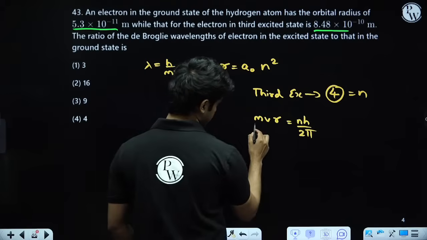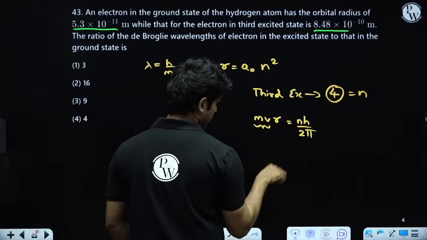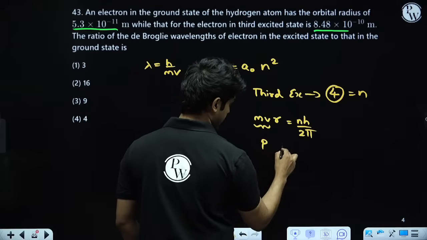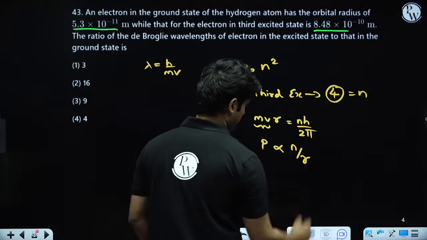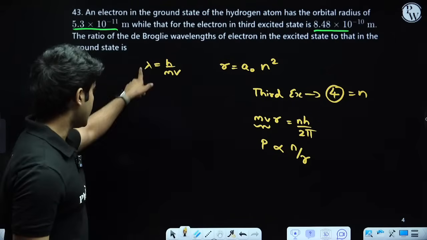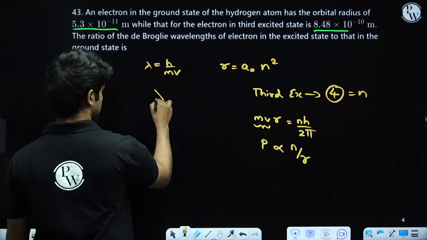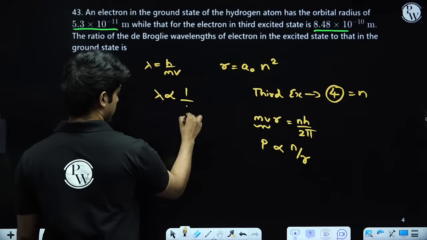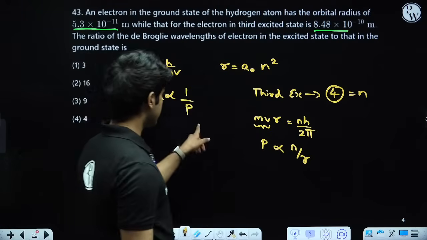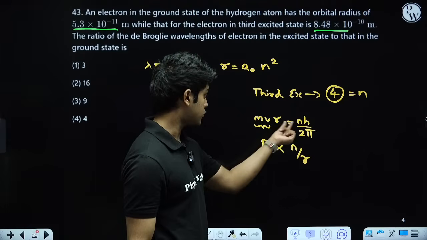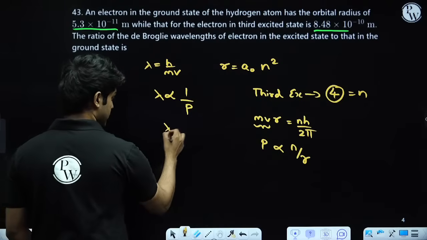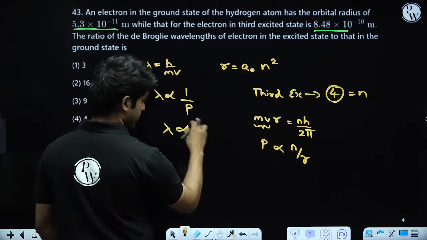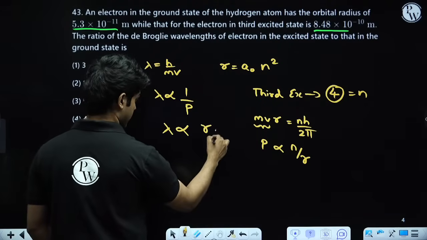The reason for using this is there is mv here. So the momentum is directly proportional to n divided by r. Lambda is inversely proportional to momentum. Momentum is directly proportional to n divided by r. So lambda, which is what we need to compare, is directly proportional to r divided by n.